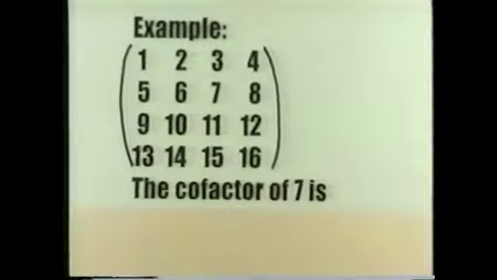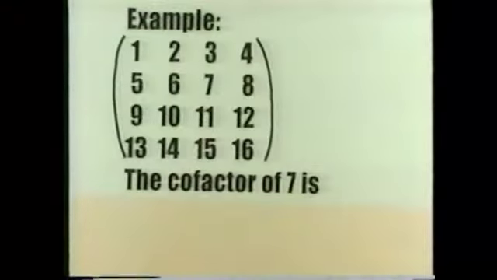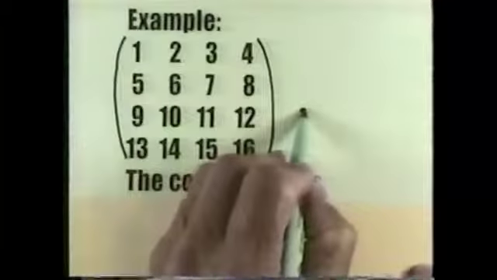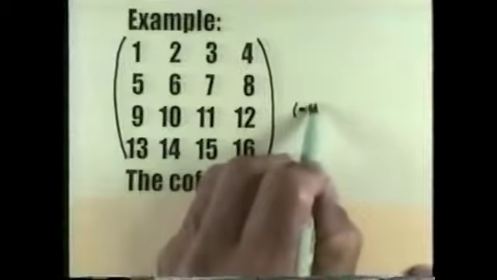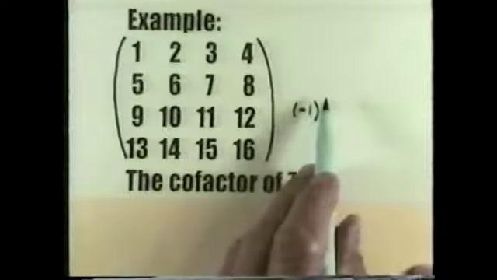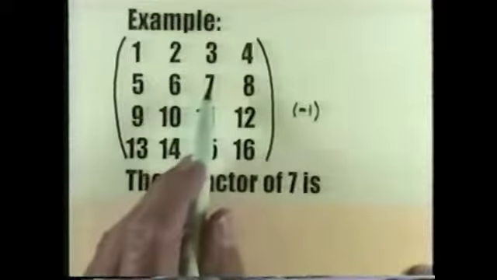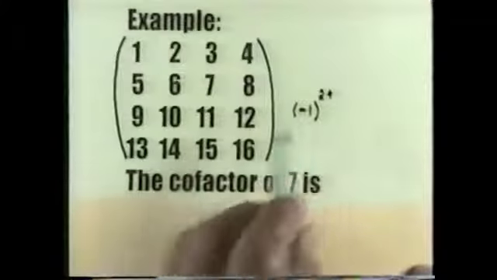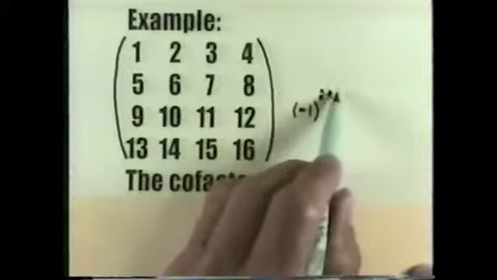And we want the cofactor of 7. Well, to find the cofactor of 7, first of all, the cofactor is going to have a -1 power, and it's going to be (-1) to the i plus j. That's row plus column. Well, 7 is in the second row and the third column.